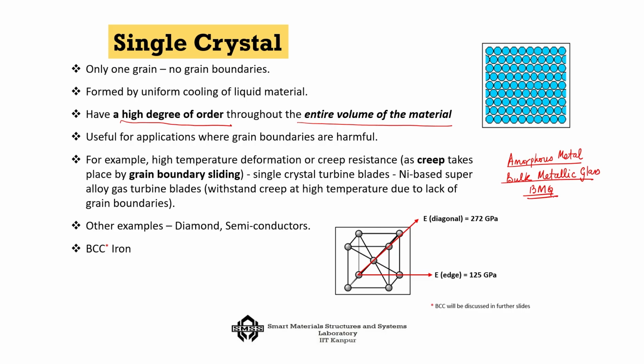This is almost fully glassy in nature, and it is amorphous, which means there will be no crystal structure present in that metal. What will be the advantage of such a system?